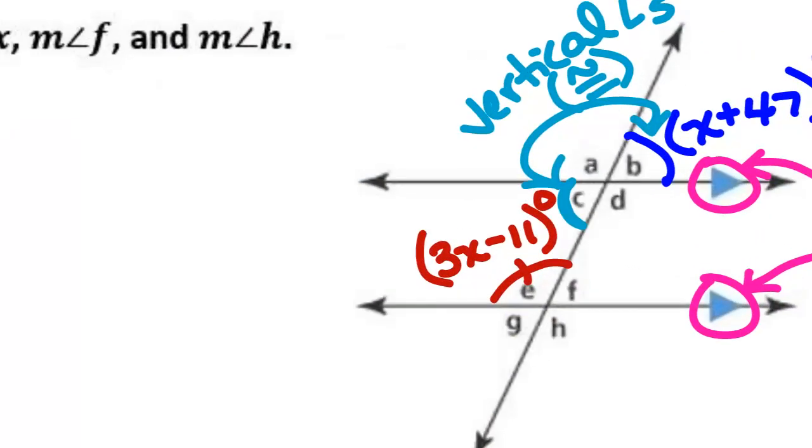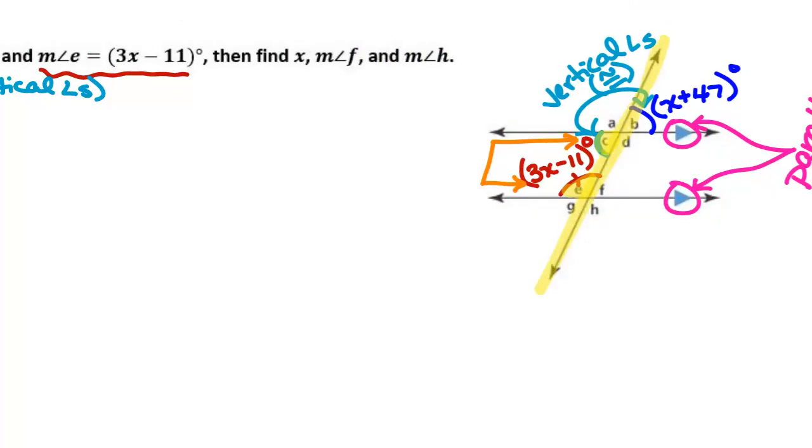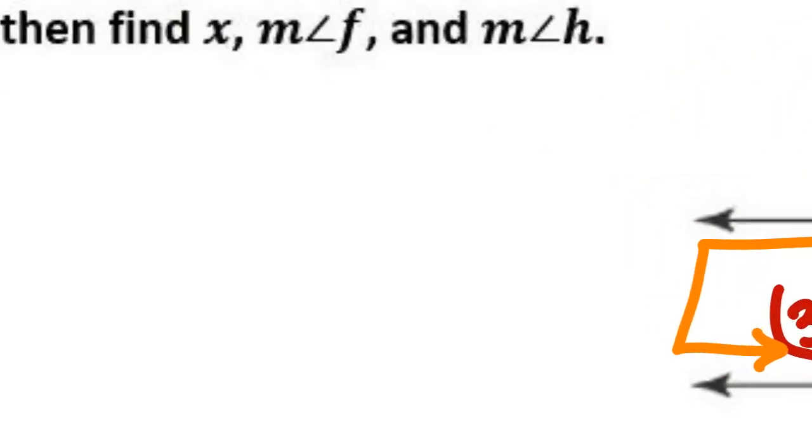Do we have a special name for this angle pair, C and E? Are they interior or exterior, C and E? Interior angles. Same side or opposite sides of this transversal here? Same side. What do we call them then? Consecutive interior angles.